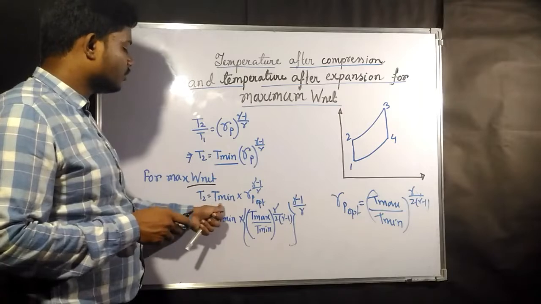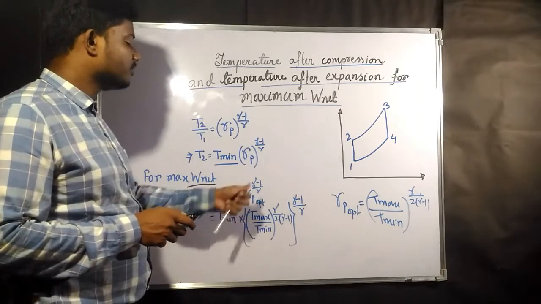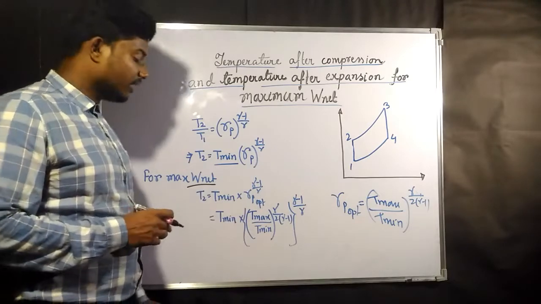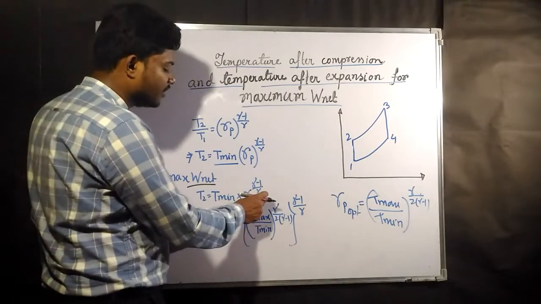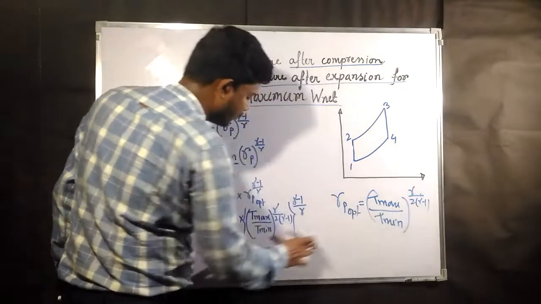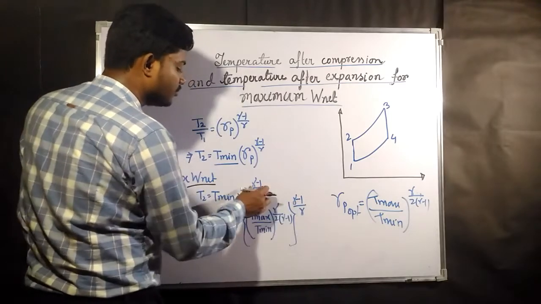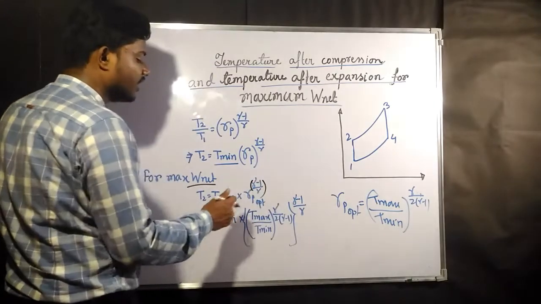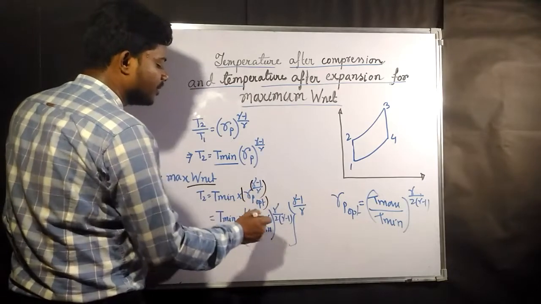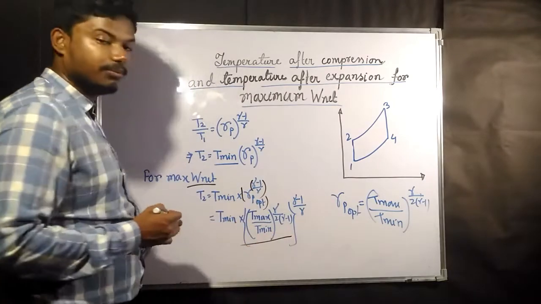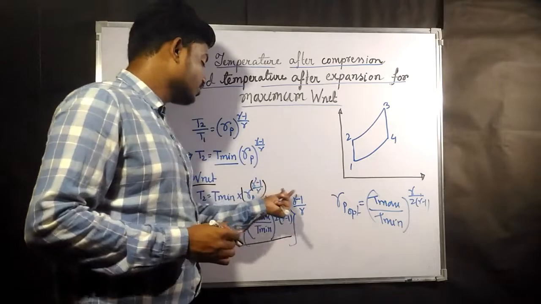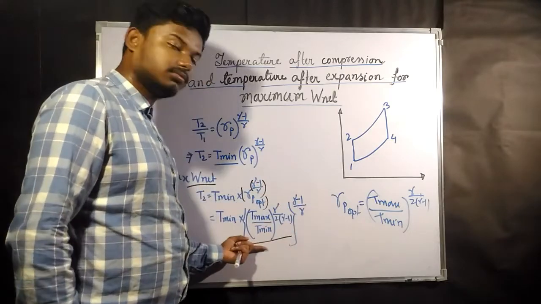So T2 is equal to T min into Rp optimum to the power gamma minus 1 by gamma. Rp optimum is going to hold this value, and this power is going to come above this value.